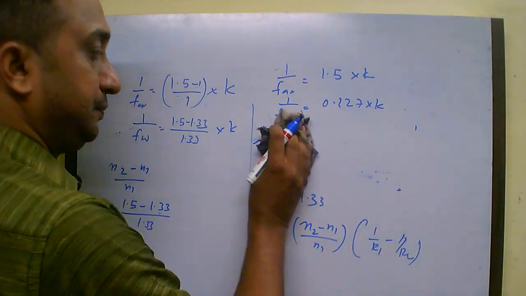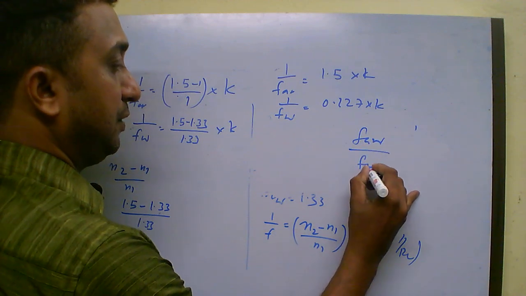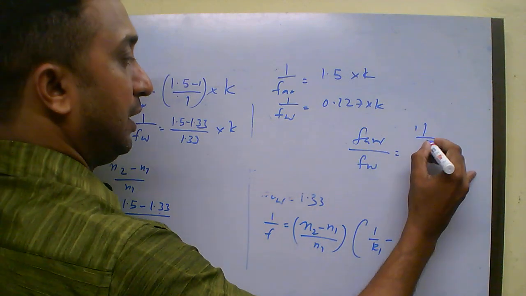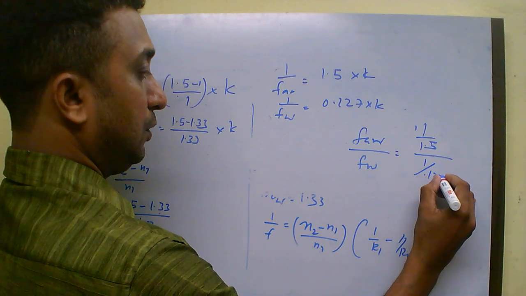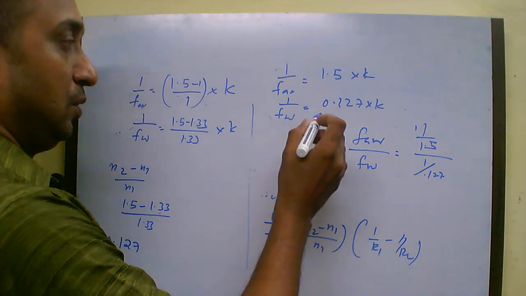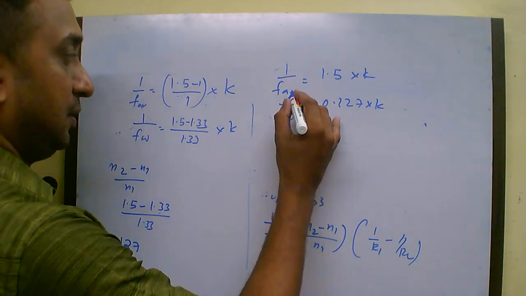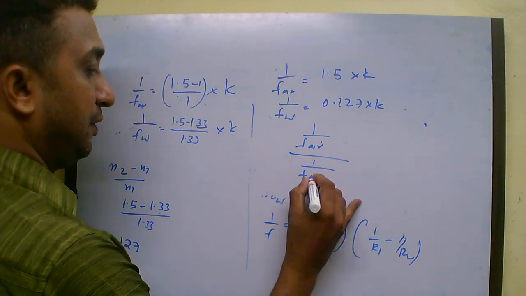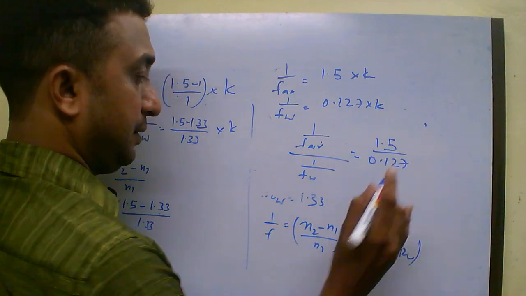When you find the ratio, 1 by f in air divided by 1 by f in water equals 0.5 by 0.127.